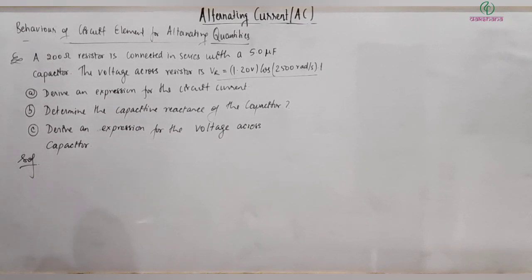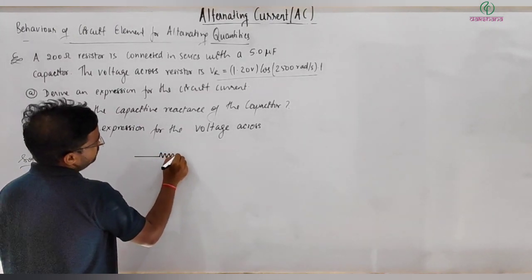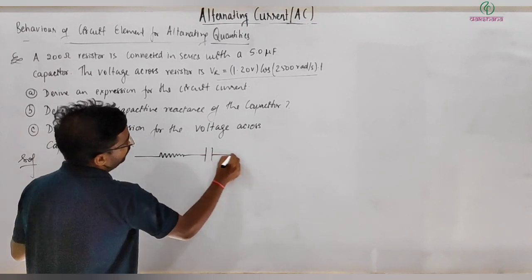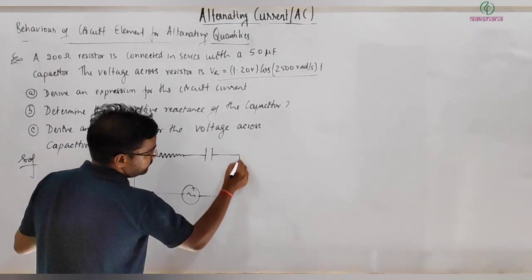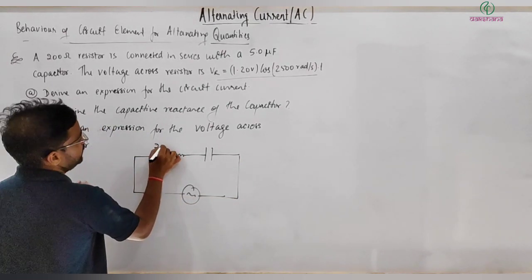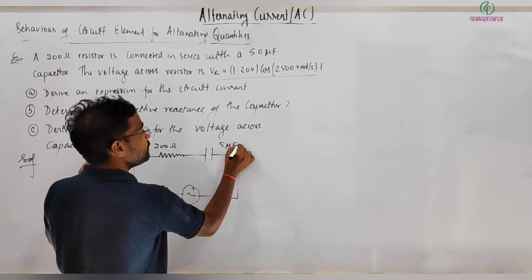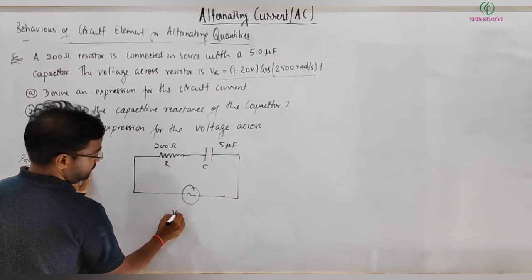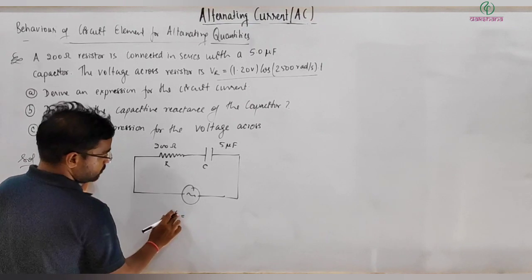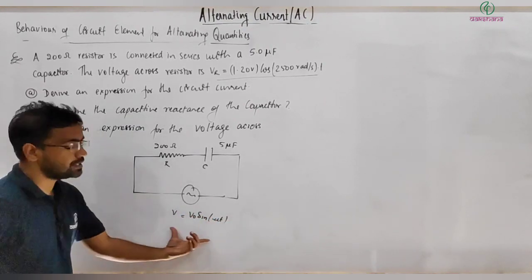So a 200 ohm resistor is connected in series with a 5 microfarad capacitor. This is about an RC circuit, so let me draw the circuit first. The applied voltage is V equal to V naught sine of omega t, maybe plus some phi naught, but this is not given.